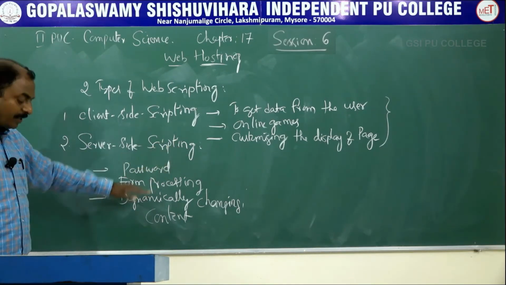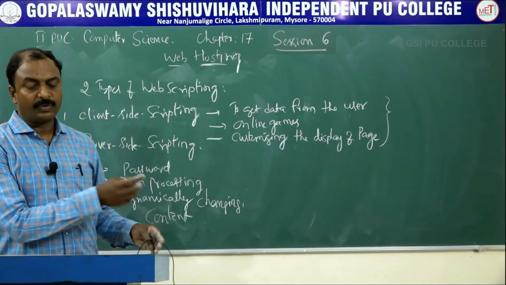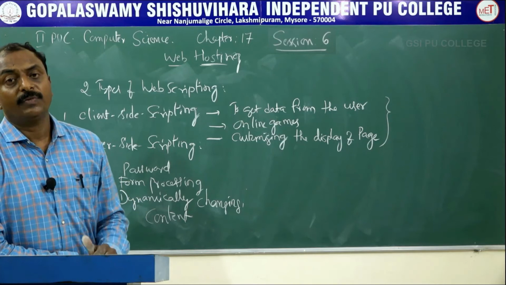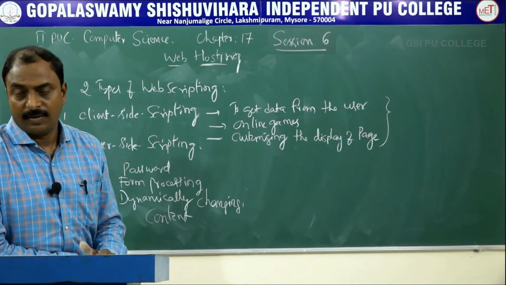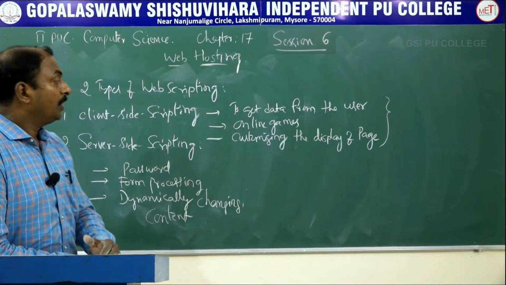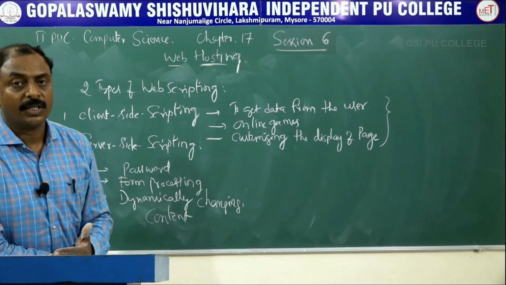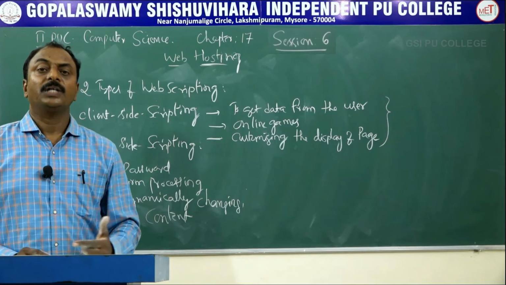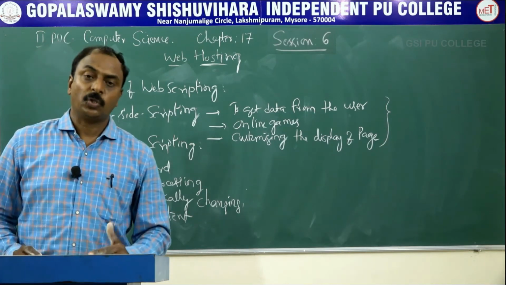Say whenever you are going to log in, you know there is a login ID and password, isn't it? So if you want to get into any particular website, it will ask you for your registered login ID and password. Where will your password be stored?